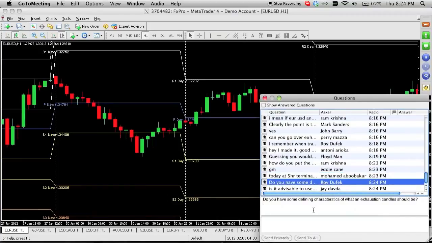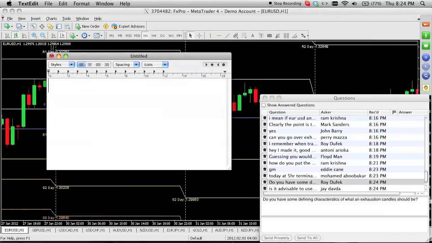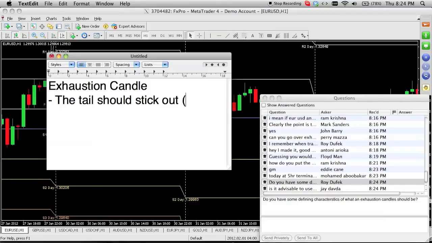Roy, do you have some defining characteristics of what an exhaustion candle should be? Let's write them down. There are several things for an exhaustion candle. And yes, Roy, if you can get this programmed for everybody, that would be amazing. The tail should stick out. Nothing touches it.